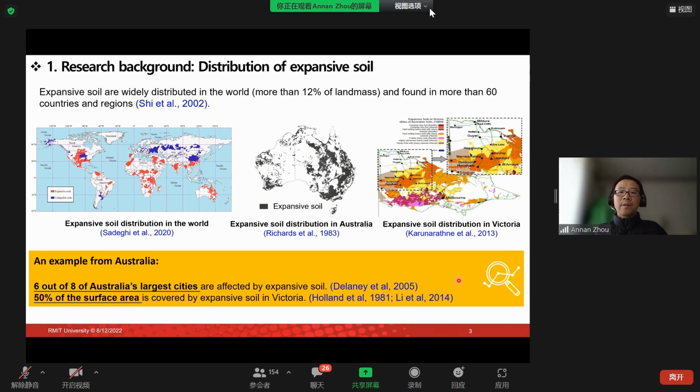More than 20% of Australia's surface is covered by expansive soil, most of which is in the populated regions along the eastern coastline. For example, in Victoria, the capital city is Melbourne, and this percentage can reach 50%.